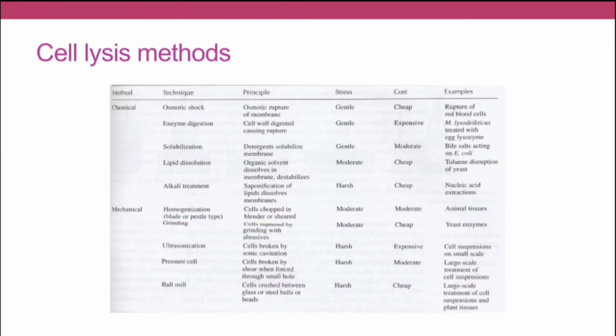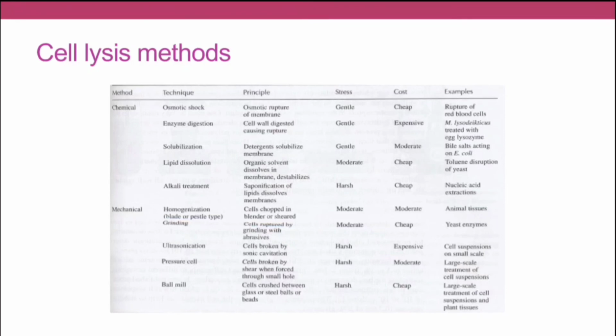Ultrasonication method: here the cell is broken by sonic cavitation, and the stress is very harsh and it is expensive. Cell suspensions on a small scale can be subjected to ultrasonication, but for large scale you cannot use it. Then the pressure cell: the cells are broken by shear when forced through a small hole.